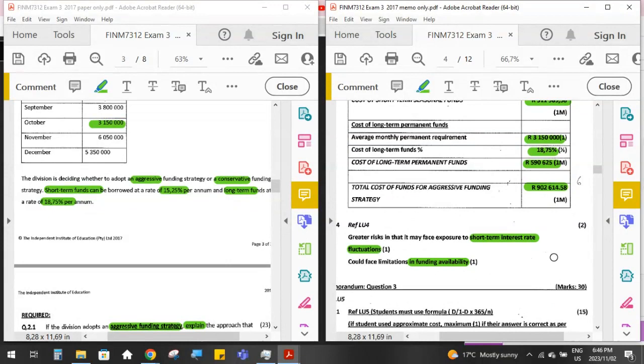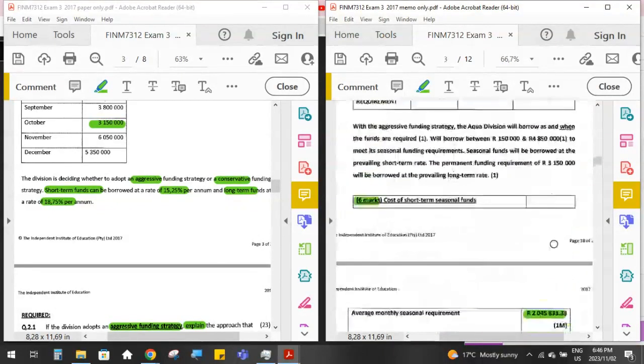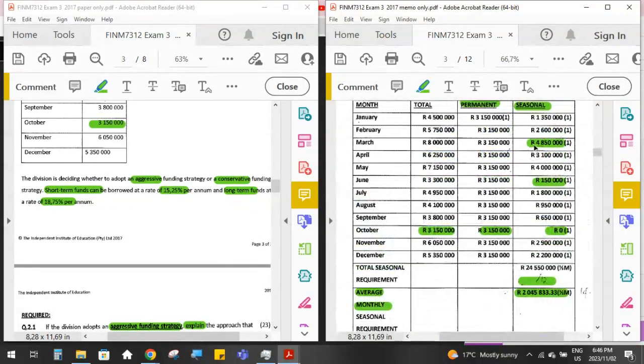Suddenly, if they approach the banks and in one particular month they now required 4.8 million, the banks would say, I'm sorry, but we can't give you that amount at 18.75. We can only give you 3 million at that rate. And if you want more, we can possibly source it, but it's going to cost you a higher interest rate.